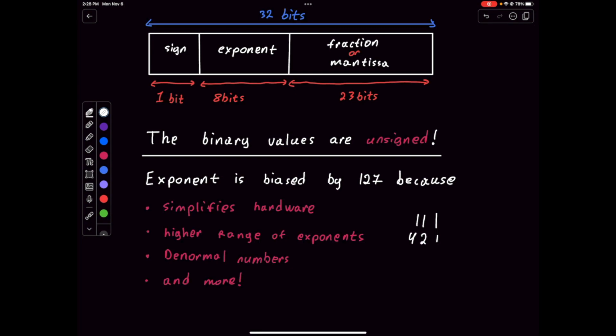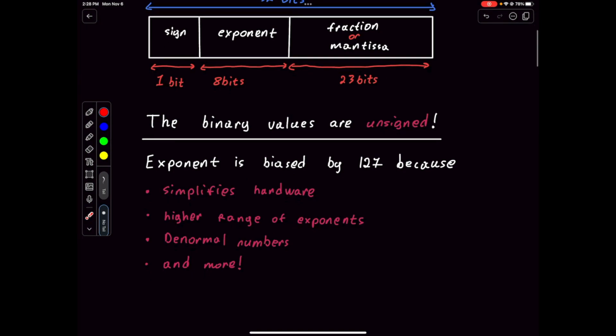All of those are set. That would be 7. So we're going to think of this as 7 and not -1. So they are unsigned. All of those values that we utilize are all unsigned binary values.